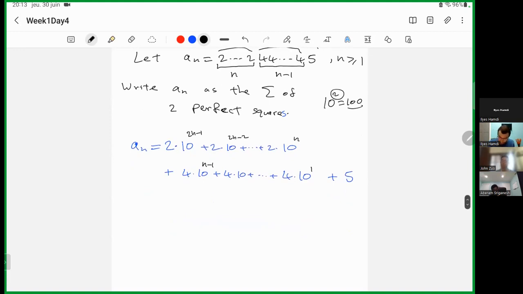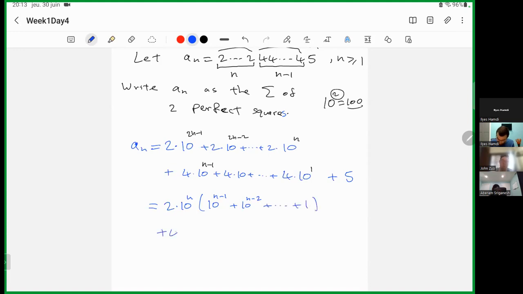So I have the expression. Now let's try and simplify it. Here I can factor out 2 times 10 to the n. And I would be left with powers of 10: n minus 2 plus 1.